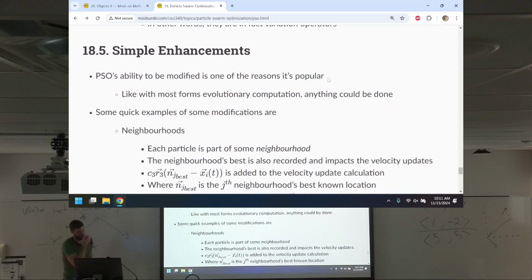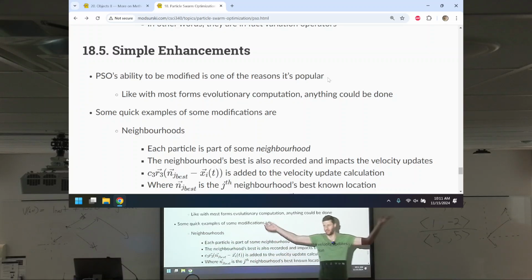So, simple enhancements. This is a very basic GA, and there are a lot of things you can do here. We have a social and cognitive component, where I'm influenced by my best location and the global best location. Why not add a neighborhood, with subsets of particles, where you're influenced by the best thing I found, the best thing my neighborhood has found, and the best thing the whole population has found?